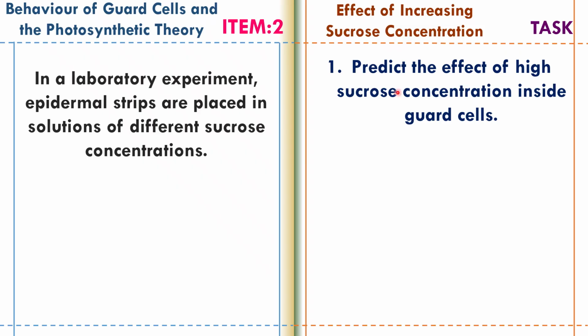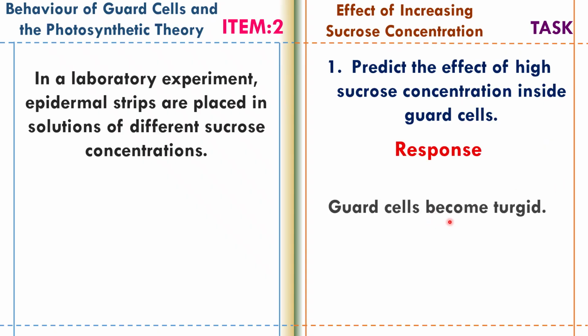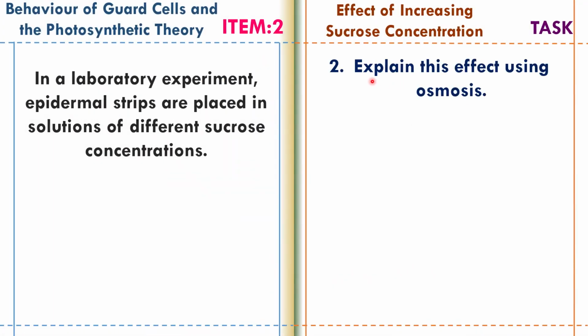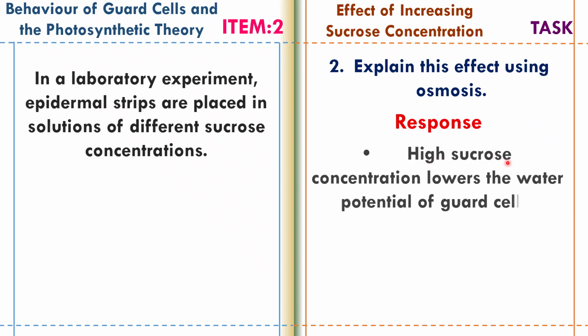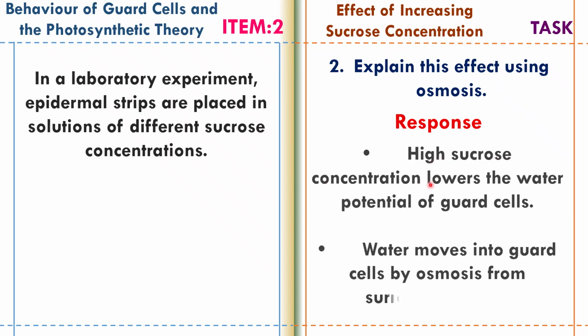Predict the effect of high sucrose concentration inside guard cells. Guard cells become turgid. Explain this effect using osmosis. High sucrose concentration lowers the water potential of guard cells.